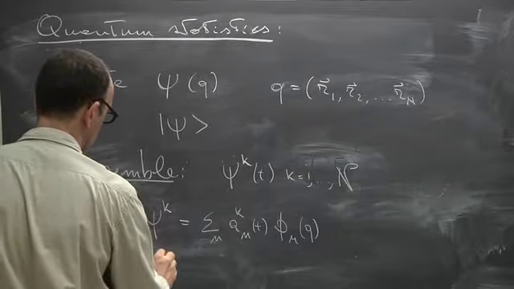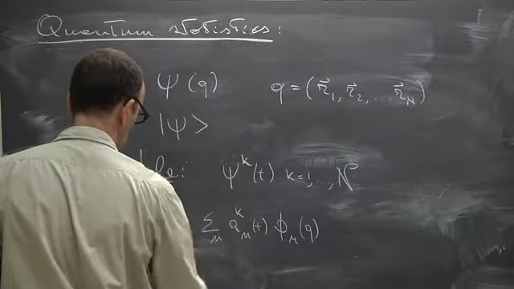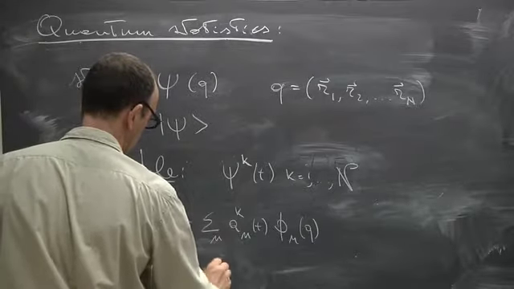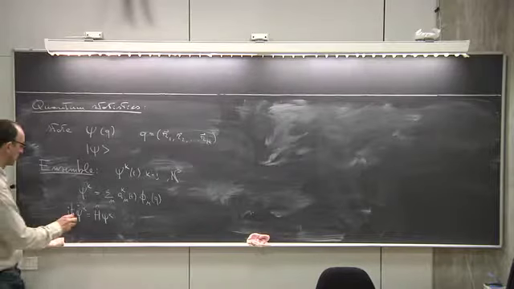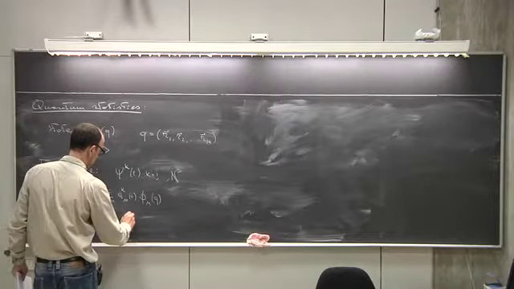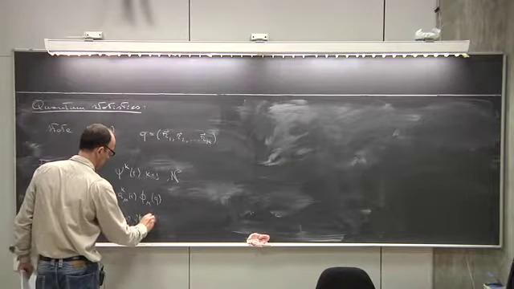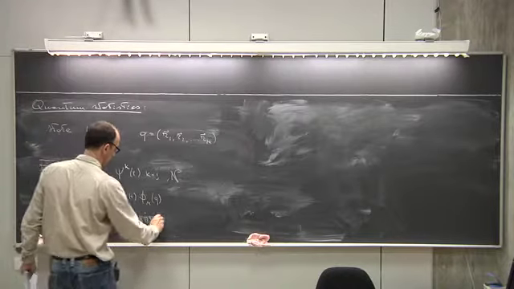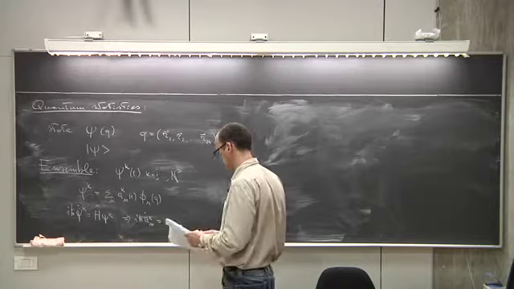Since each state will evolve with the same Hamiltonian, H, this implies that iħ times the time derivative of a_kn.